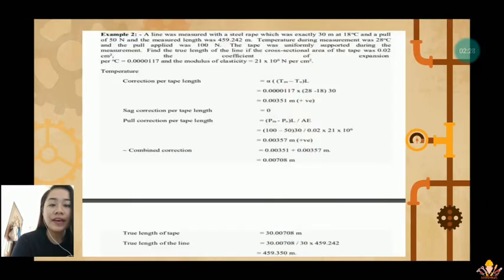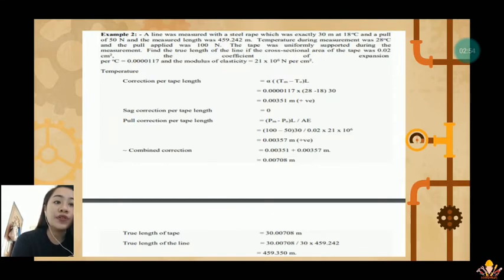You also have here example number 2. A line was measured with a steel tape, which was exactly 30 meters at 18 degrees Celsius with a pull of 50 newtons, and the measured length was 459.242 meters. Temperature during measurement was 28 degrees Celsius, and the pull applied was 100 newtons.